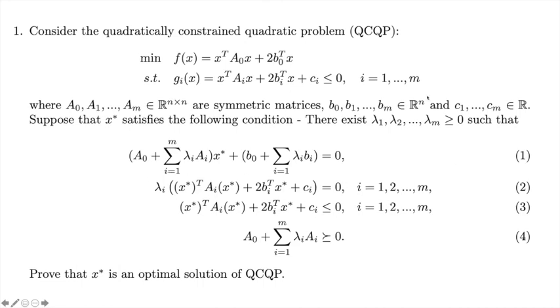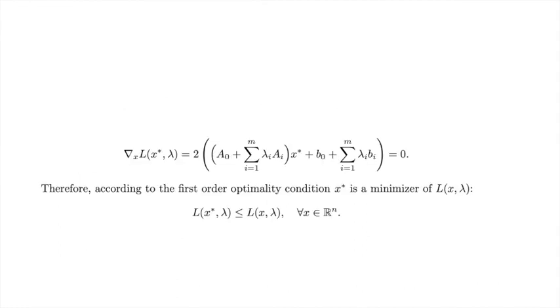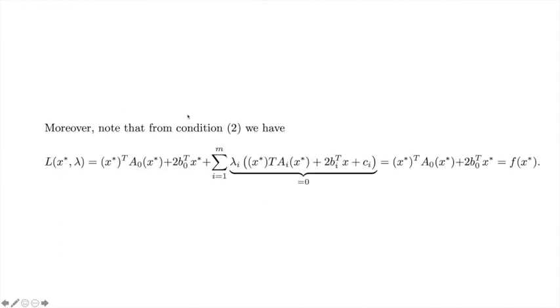For these lambdas, this expression is 0, and those are exactly the constraints multiplied by their Lagrange multipliers. This is one of the conditions of the KKT conditions. So because we know that this is 0, we know that the value of the Lagrangian at location x star and the lambdas we are given is exactly f of x star.